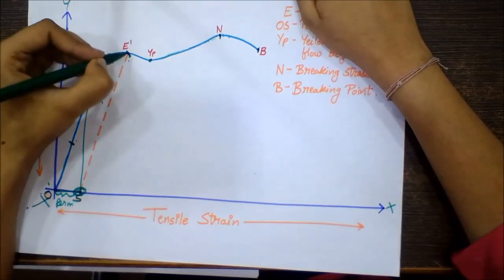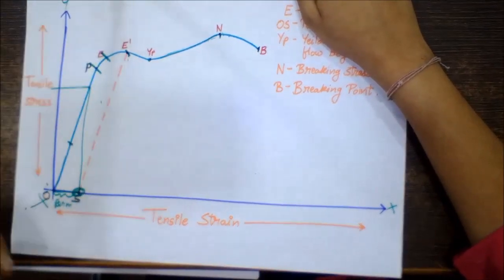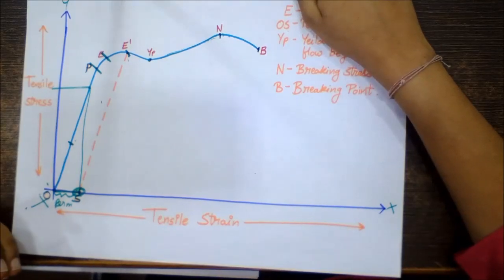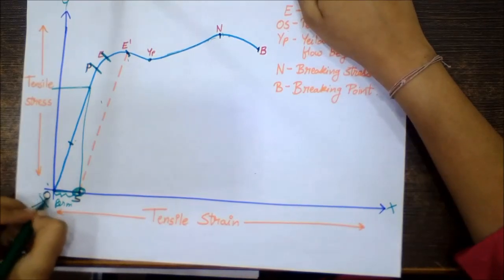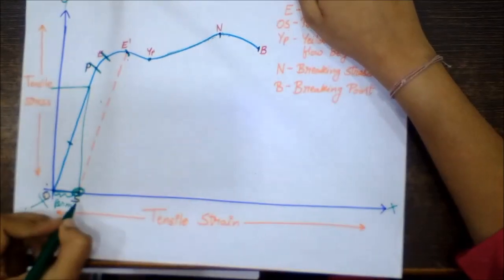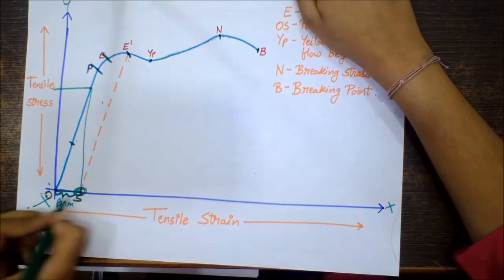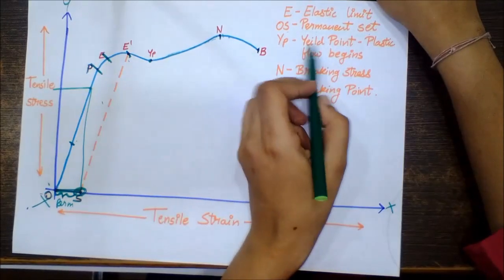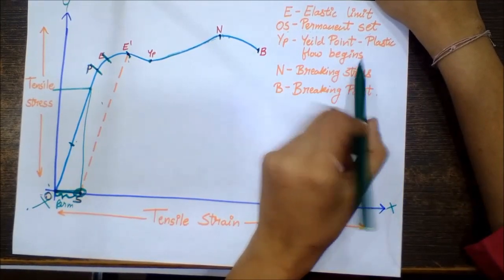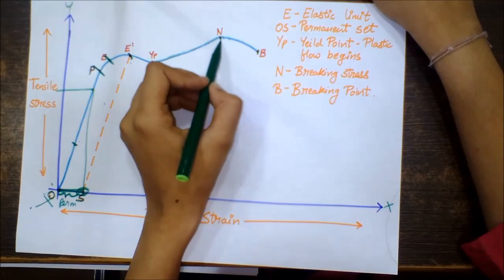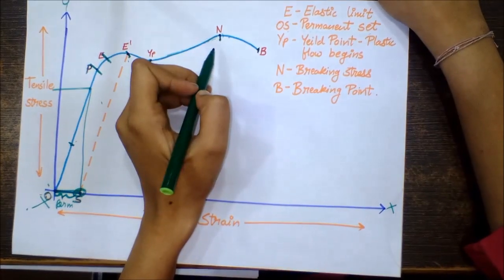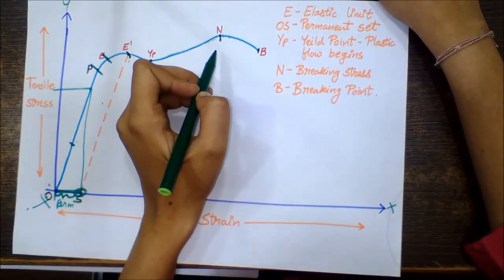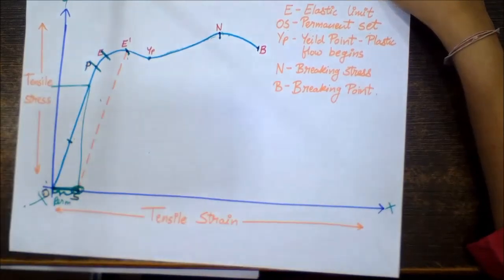When it reaches E dash, it will come back to some dimension, but that will not be the original dimension. It will be somewhere near the original dimension, and this is a permanent set which is being formed. At YP, this is the yield point where plastic flow begins. N is my breaking stress. Over here, even if you remove the weight, it is going to elongate further and break at point B, that is my breaking point.